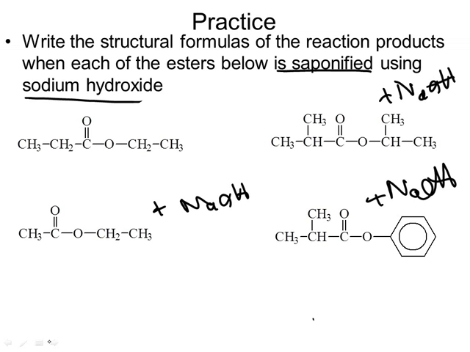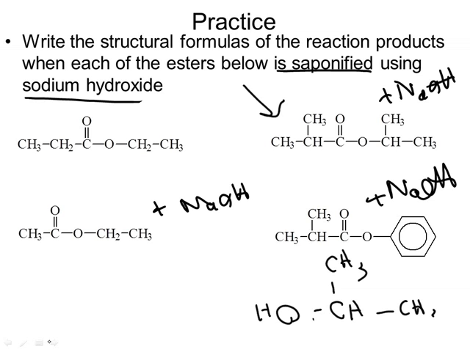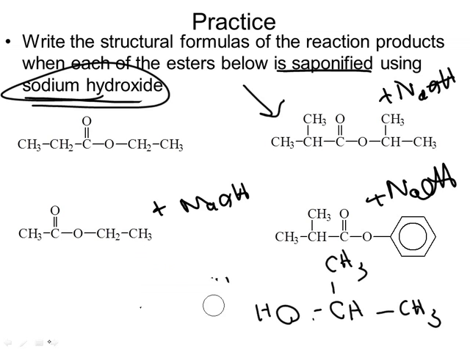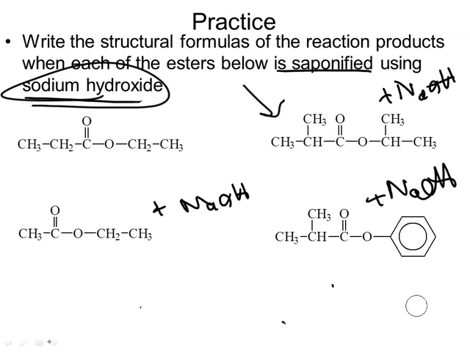The second one, we're going to get this alcohol here. And then we're going to get a carboxylate salt with sodium. Now we're getting sodium on here because it's reacting with sodium hydroxide. If we're reacting with something else, potassium hydroxide or something else, we would get a different cation attached.